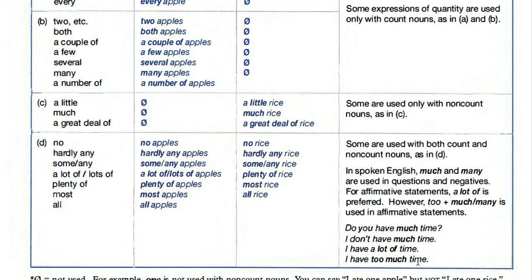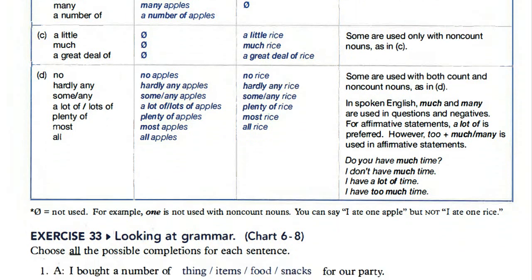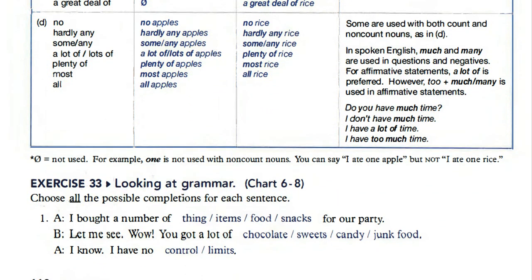I have too much time. So the use of time with these expressions reflected something to us. If we have a lot of time or I have much time, the answer is for an affirmative statement. So affirmative means confirmation, we can confirm something. Now okay, let's move to the exercise.